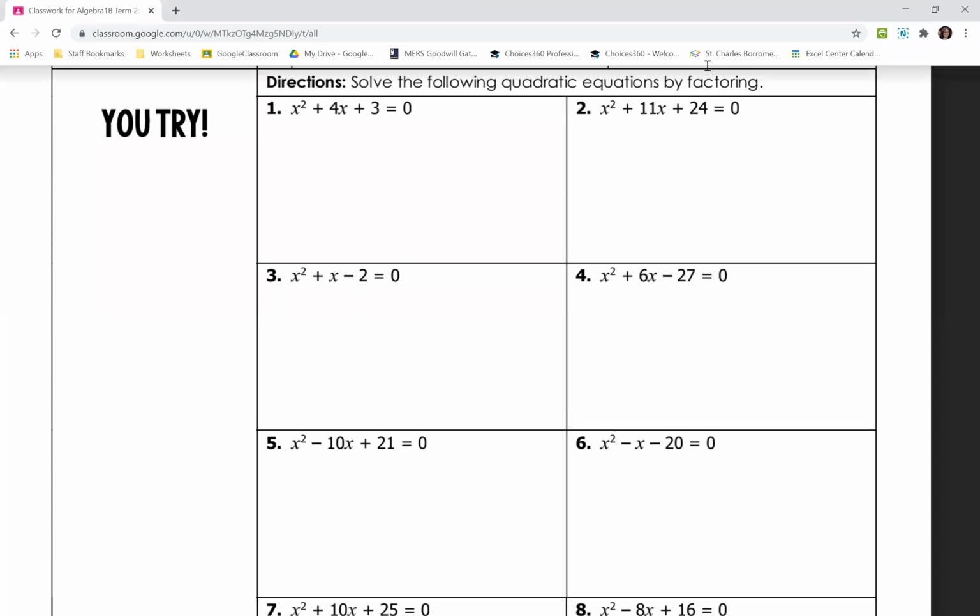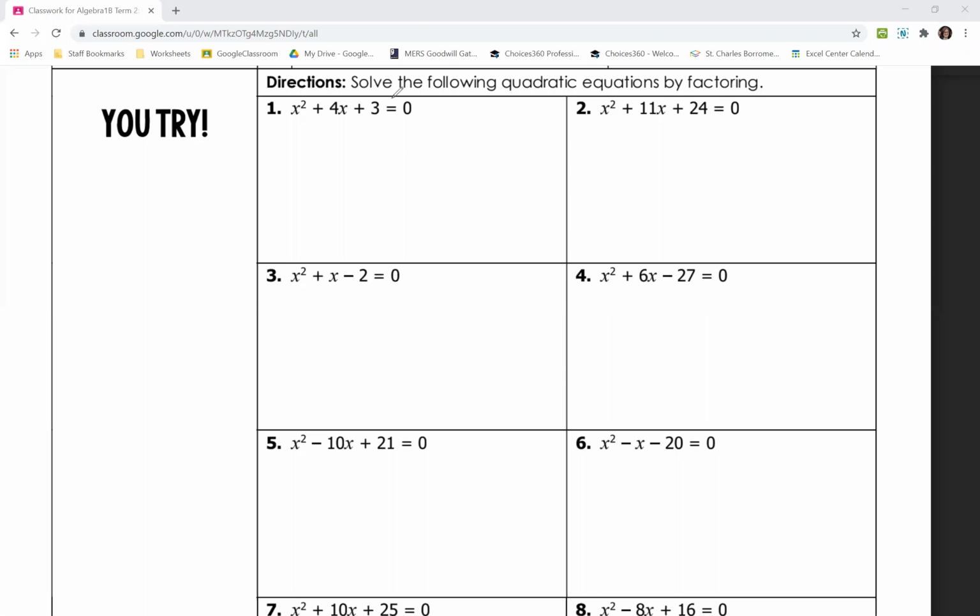So these are going to be fairly simple right off the bat because we just left our whole section on factoring. So if you were okay with factoring, you're going to be perfectly fine with these. Okay, so first step, make sure it's set equal to 0. Already done. Second step, factor the left-hand side.